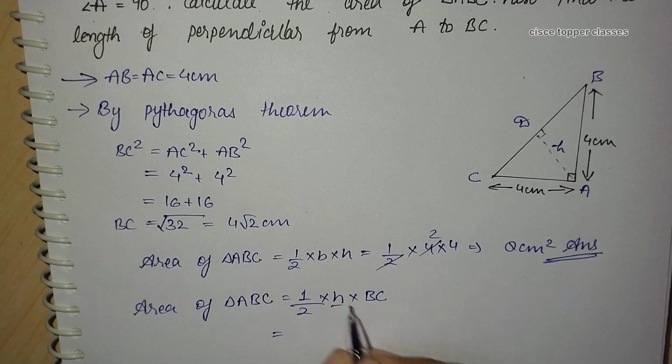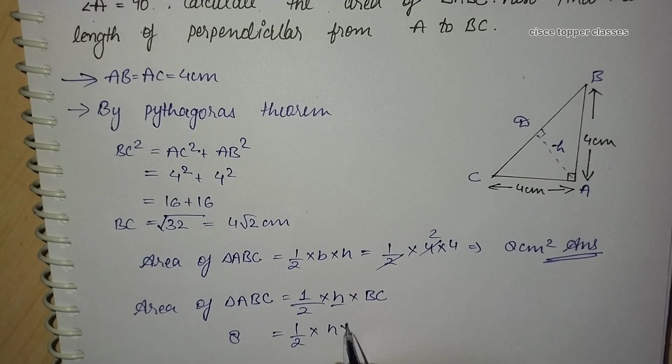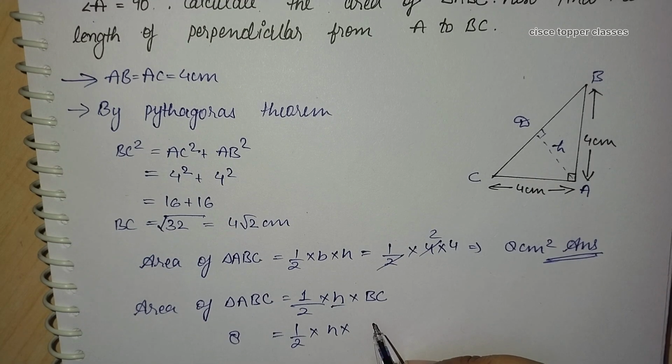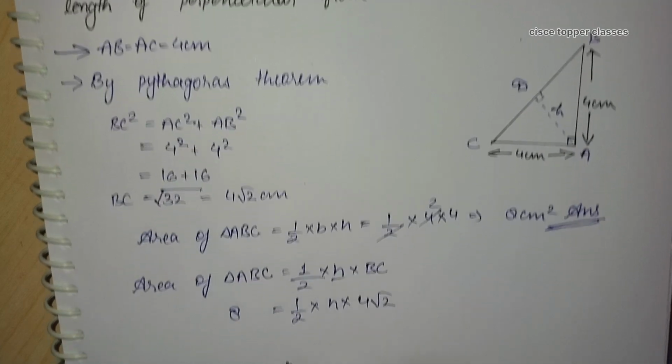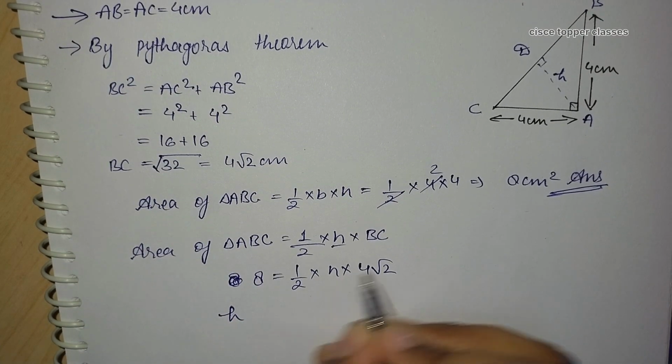So we have to find this part H, because we know the area here is 8 centimeter square. We'll put the value, half into H into BC. Here this BC is equal to 4 under root 2. From there only we can find out the value of H.